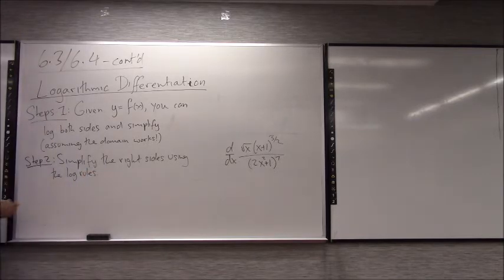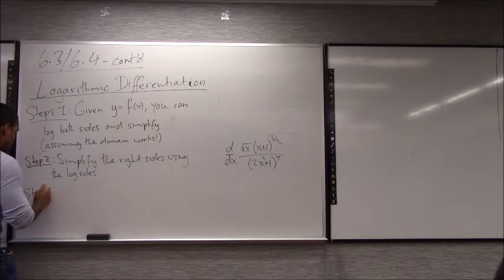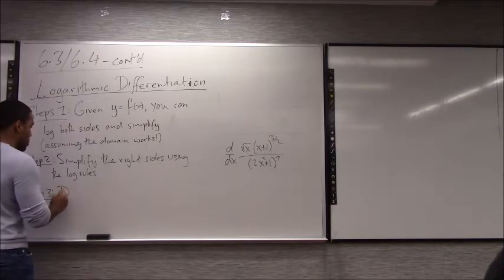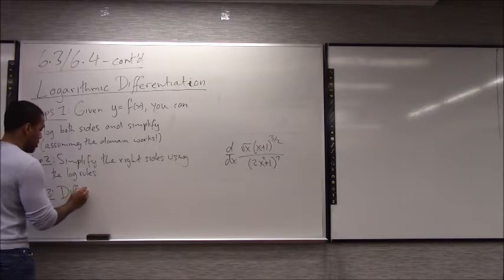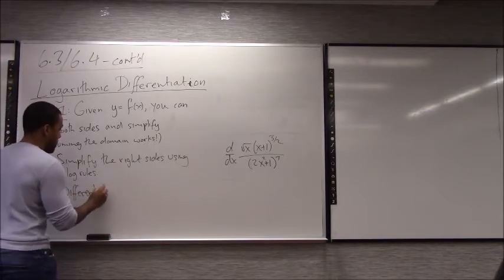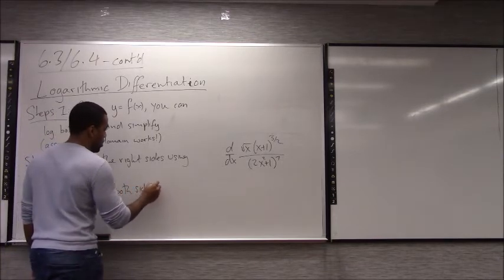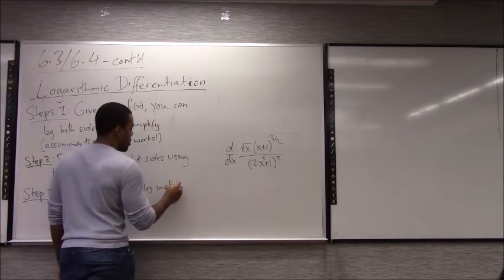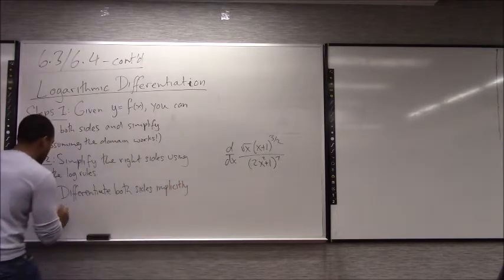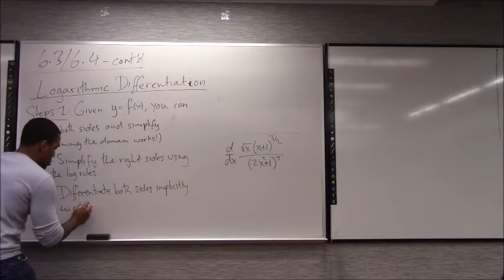So I gave you 9 log rules. You can use any one of them at any given time to simplify it. Step 3 is to differentiate both sides implicitly with respect to x.